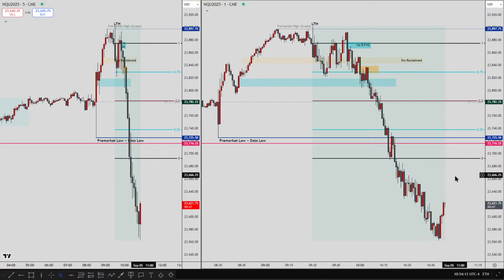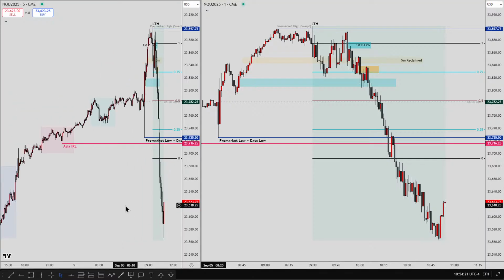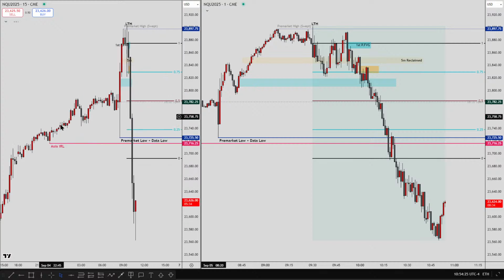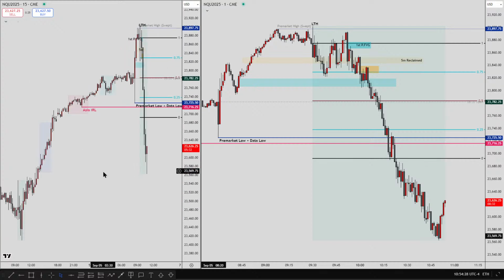Okay, we're going to do the macro and then we'll end stream. So let's see if it's gone into the up PM low. No, it hasn't yet. I wouldn't trust this to deliver back up there, by the way.